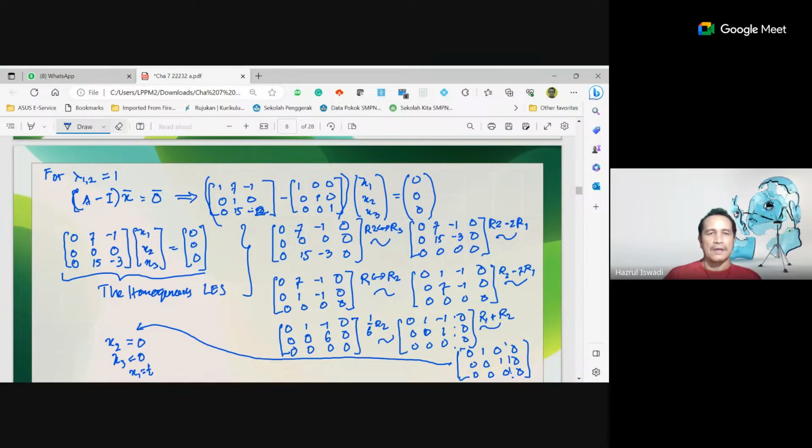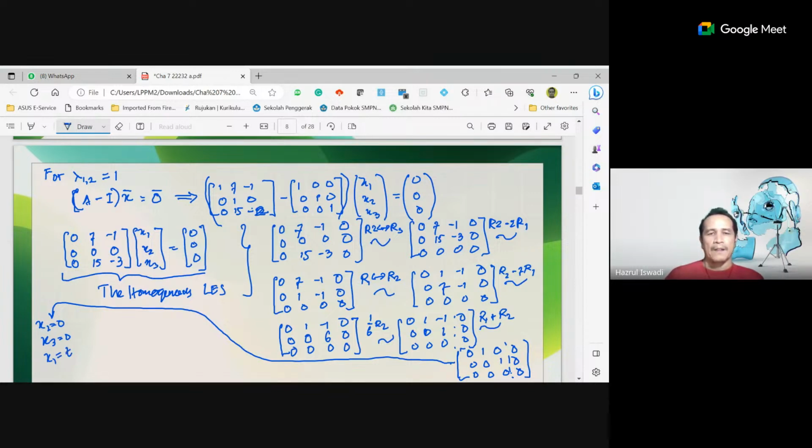Okay, I make it here, in the corner. So x2 is equal to 0, x3 is equal to 0, x1 is equal to t.